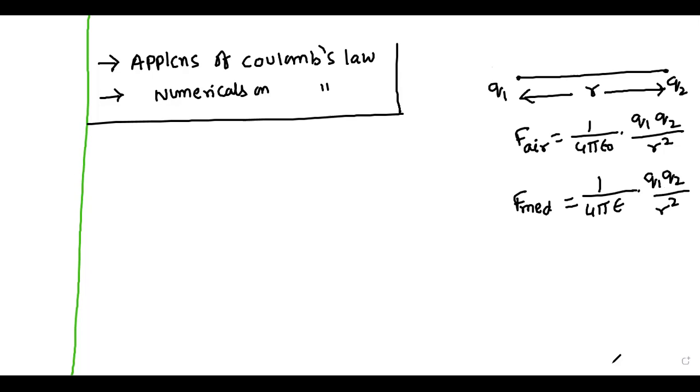By definition, the dielectric constant, which is similar to the relative permittivity, is the ratio of the permittivity of a conductor in a medium to the permittivity in air or vacuum, that is K equals epsilon by epsilon naught, where epsilon is the permittivity in a medium and epsilon naught is the permittivity in air or vacuum.